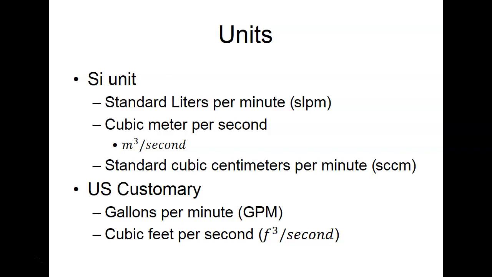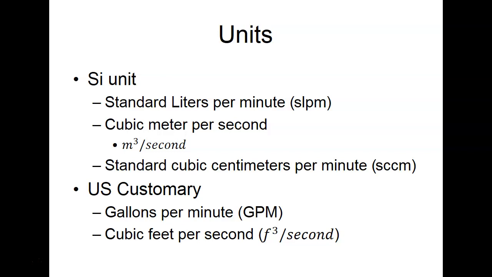Cubic, which would be an area, right? Cubic meters per second. I'm sorry, cubic meters, and I've seen cubic centimeters, by the way. Meters cubed would give us a volume, right? Per second. Of course, US customary, which we'll see a lot over here, is going to be in gallons per minute.